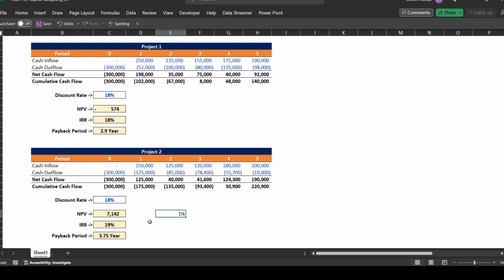So it is always advisable that IRR is superior to the discount rate. Before the NPV can be 0 or less than 0, the discount rate would have to be more than or equal to the IRR. So in a situation where you have both NPV and IRR, and the IRR is more than the cost of capital, then it's advisable that you select the greater IRR.